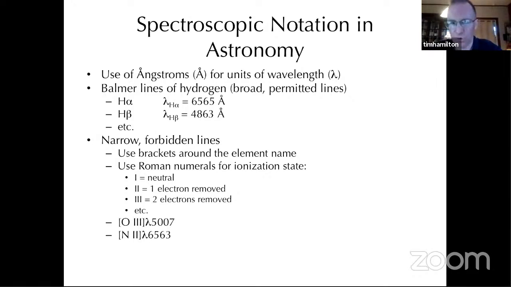The one problem when you're reading papers is sometimes the people working on one subfield, say, active galaxies, might not put which line they mean when they write O3, and you're just supposed to know, oh, of course we mean O3 5007 or N2 6563, but there are others, and you might have to dig through the literature.